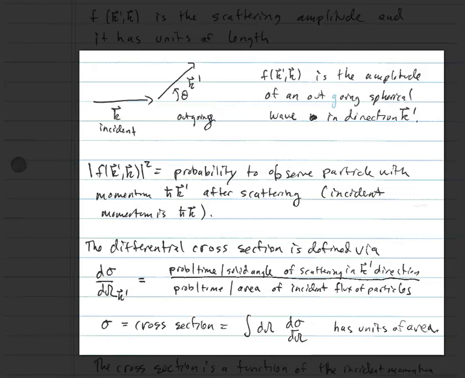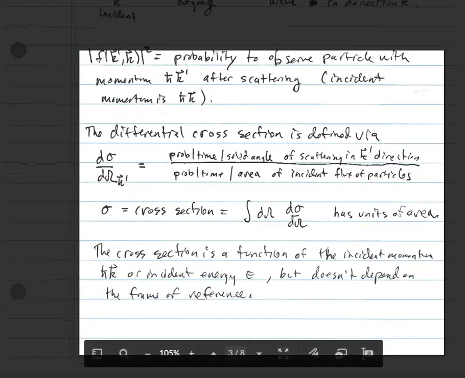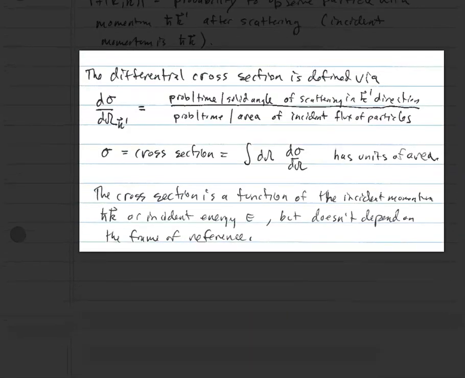It's kind of like you're looking at the cross-sectional scattering area of the thing that you are scattering off of. Now, the scattering cross-section is a function of that incident momentum, h bar k, or a function of the incident energy E, and the direction of the incident path, but it does not depend on whatever frame of reference you're going to be using.